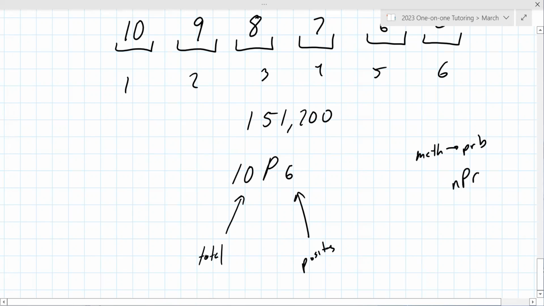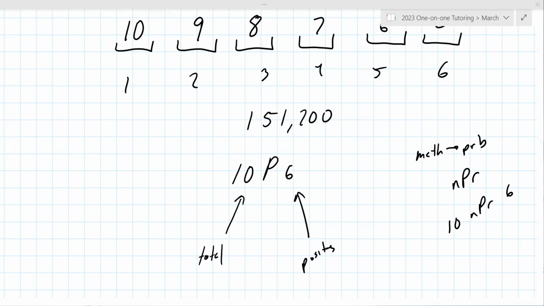You should see nPr. You do have to enter that 10 first, then it'll say nPr, and then a 6. I'm just going to verify that real quick. Math, PRB, nPr, 6. Yeah, let me snip that in.